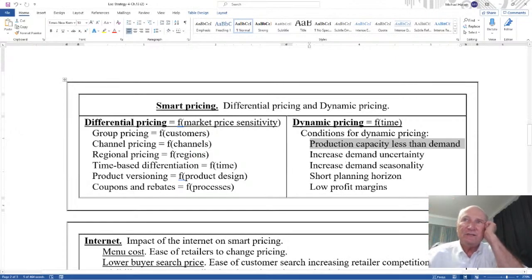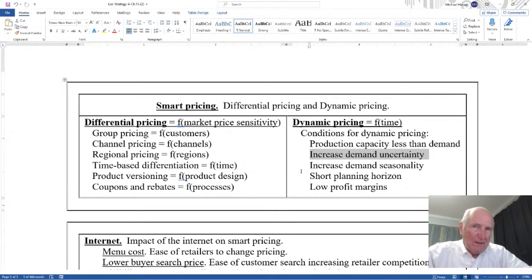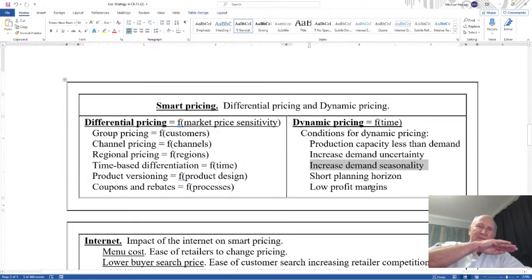You can increase the price with demand uncertainty. If you have a lot of uncertainty, then you can increase the price because you are satisfying uncertain demand. Increased demand seasonality: seasonality means demand increases and decreases with the seasons, but increased seasonality means it has more variability.